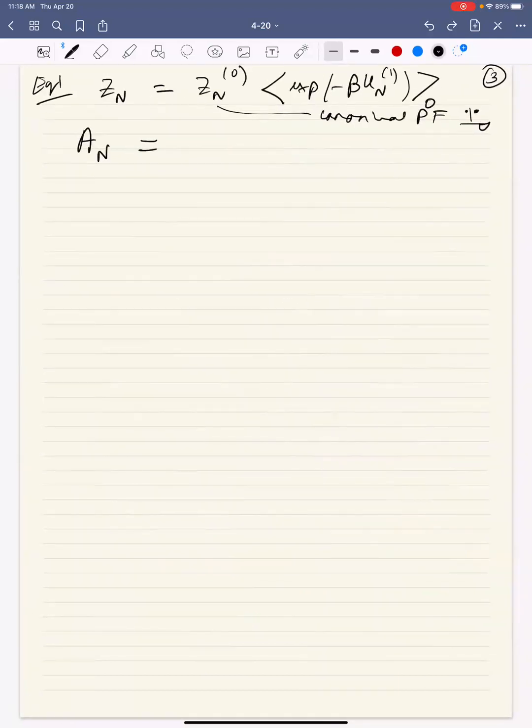So okay, how do we get A from the canonical partition function? Go ahead. Yeah, so minus KT ln Z, where again I have changed Q to Z, but you see my point. So AN is equal to minus KT ln Z. In other words, minus beta AN is equal to ln ZN, right?